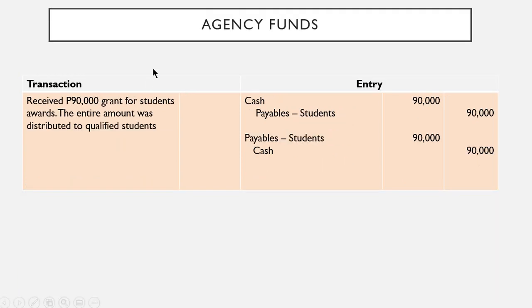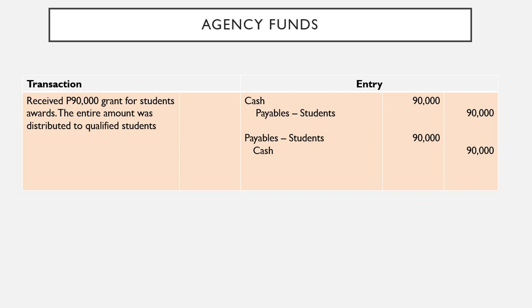Now, agency fund. Remember, yung mga agency funds, ito yung kumbaga nagiging intermediary or agent lang yung college or university in handling, no, these funds. Kasi nga, it is intended for another person. So, nagiging pass-through lang dito yung college or university. Okay? Basically, the college or university does not really own those property.